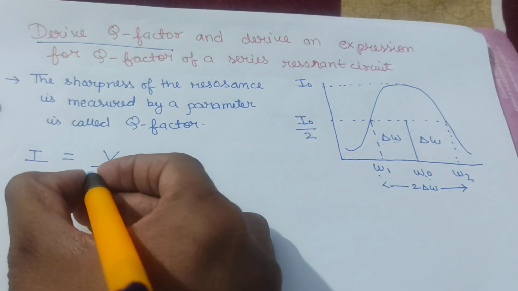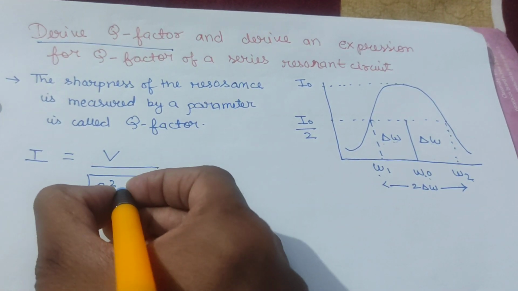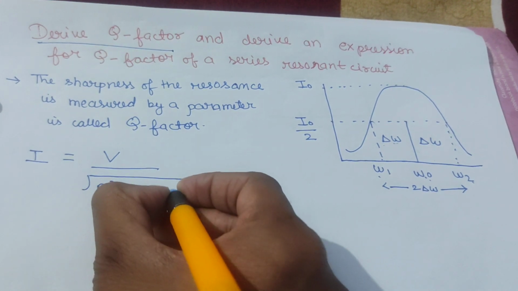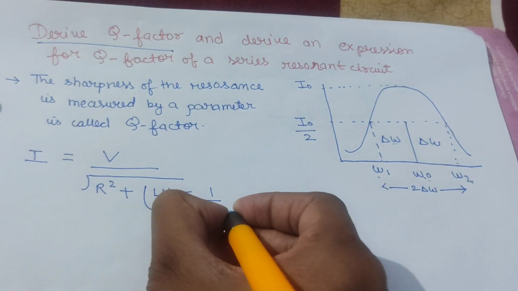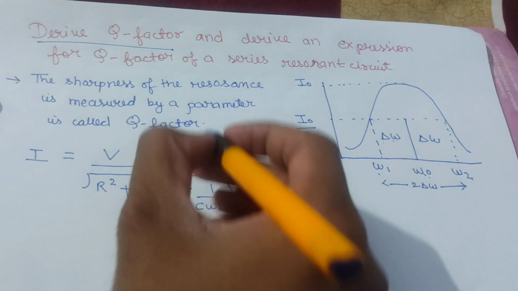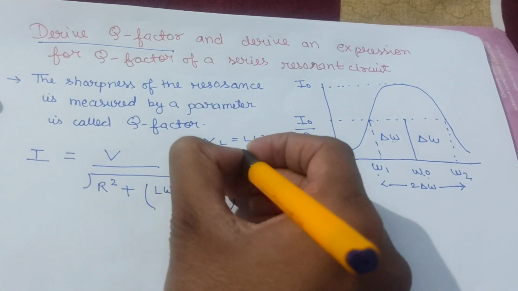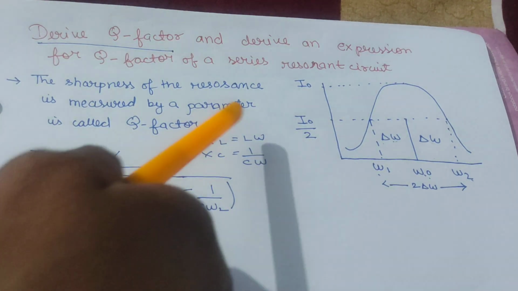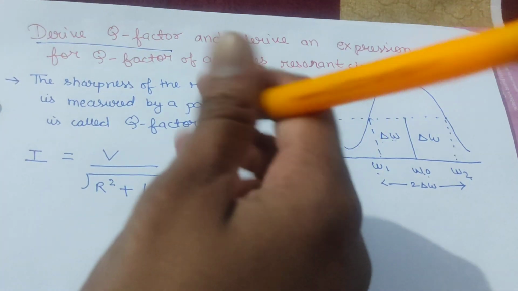So we'll take the square root of R square plus (L omega 2 minus 1 by C omega 2) whole square. Okay, why am I writing it? Because XL is equal to L omega, XC is equal to 1 by C omega. So we write here.